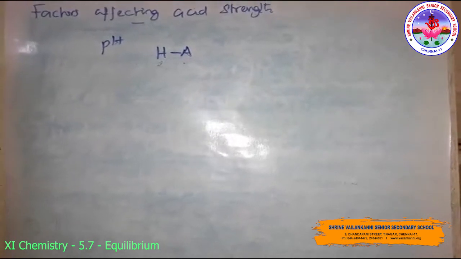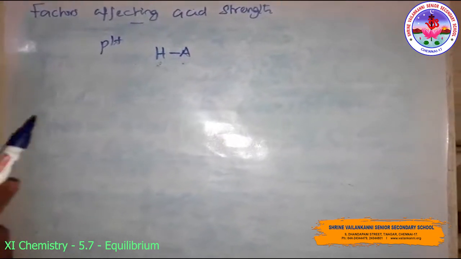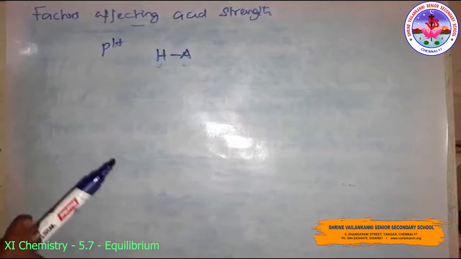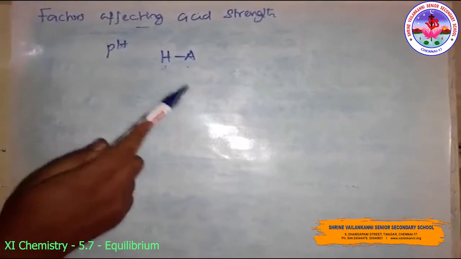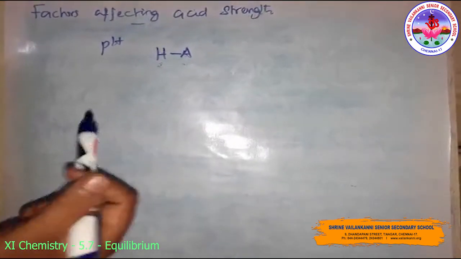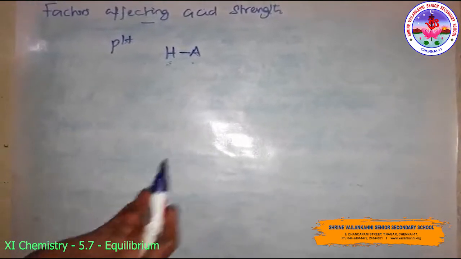But it should be noted that when comparing elements in the same group of the periodic table, HA bond strength is a more important factor determining acidity than its polar nature.